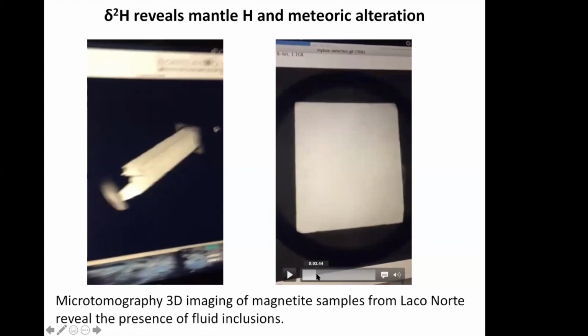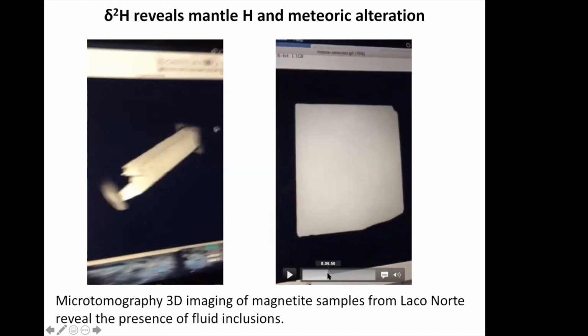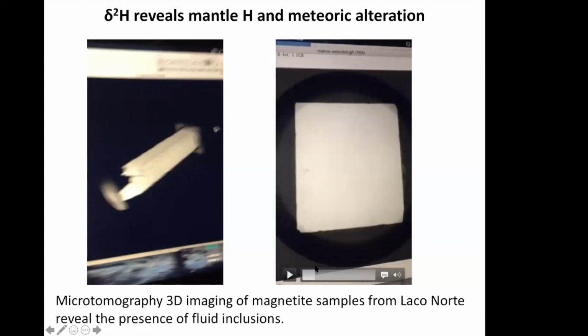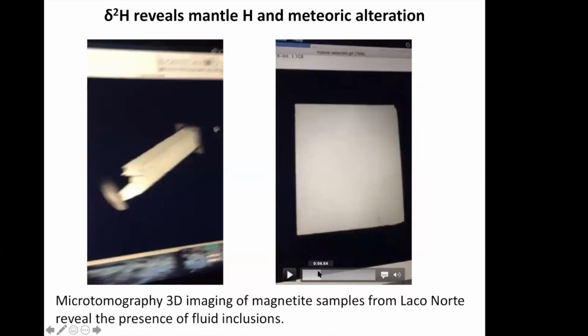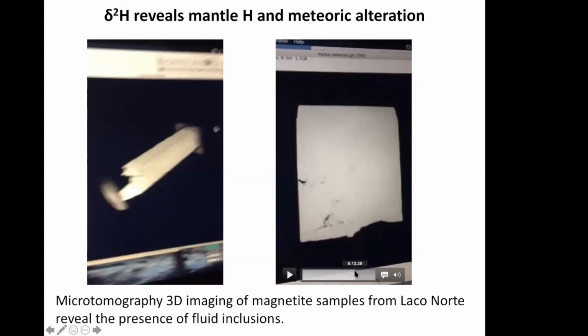As I play through this, I just want to draw your eye to some parts of the tomographic image where you can see planes of low density phase that are consistent with the entrapment of fluid inclusions during the growth of magnetite, or the entrapment of secondary fluid inclusions if the magnetite was fractured either during emplacement or subsequent to ore deposition.